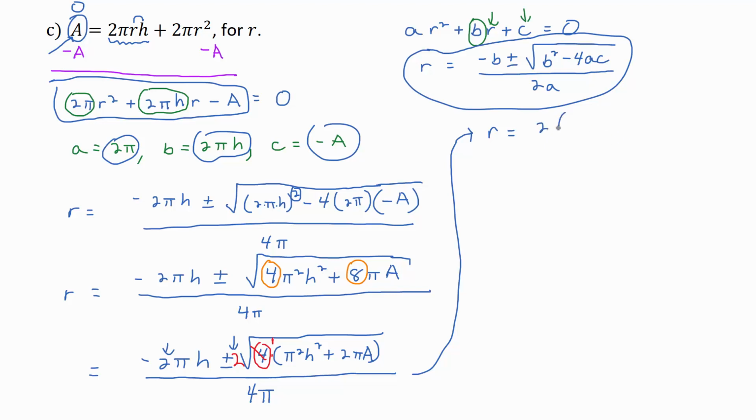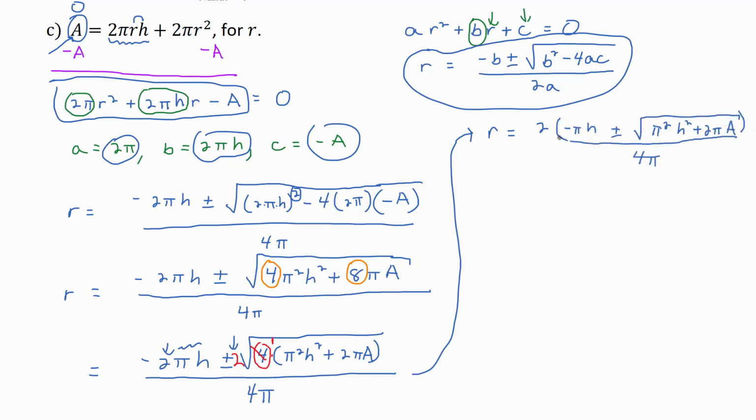If I do that, I'm left with just negative pi h in the first term, and then plus or minus the square root of pi squared h squared plus 2 pi times A, all that underneath the root, and then all over 4 times pi.